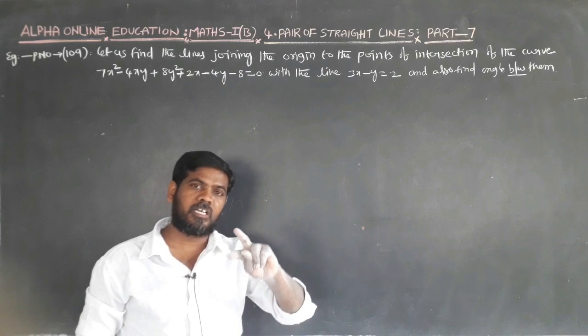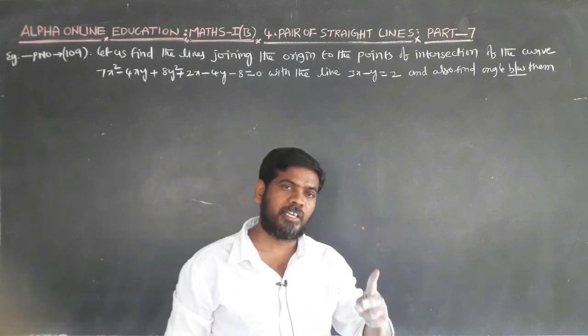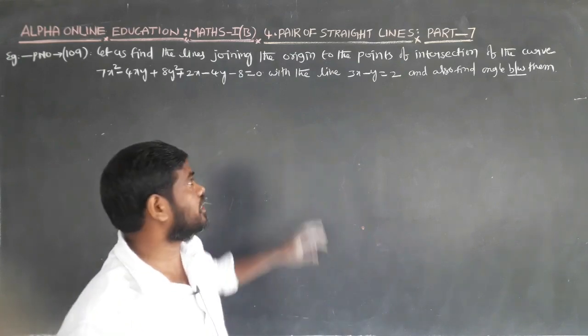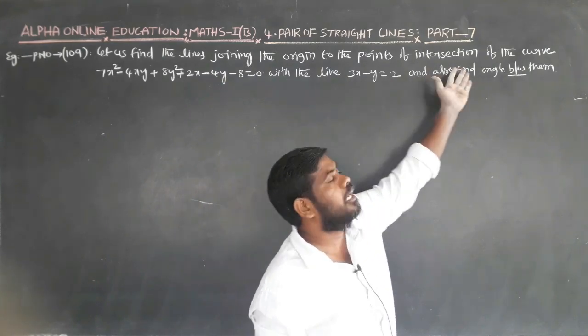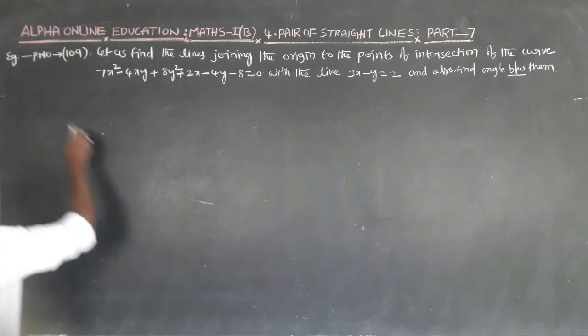Here we find the lines joining the origin to the points of intersection of the curve and the line, and also find the angle between the lines.